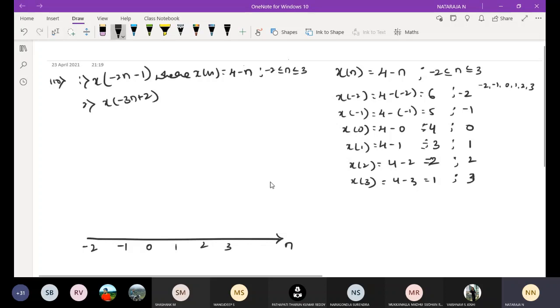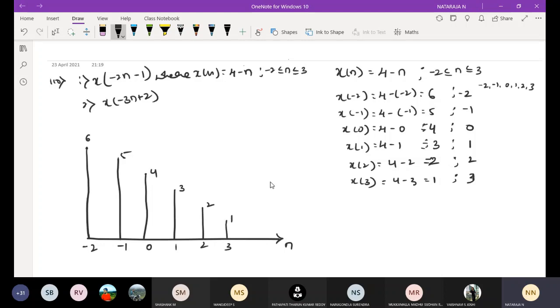We'll have 6. Then at minus 1, we have 5. At 0, 4. At 1, 3. At 2, 2. At 3, 1. This is the graphical representation we got from minus 2 to plus 3.